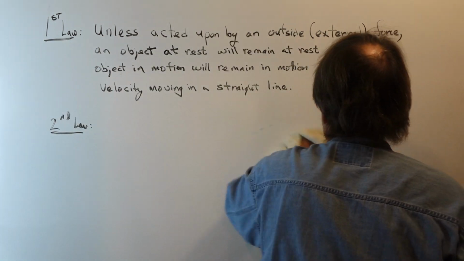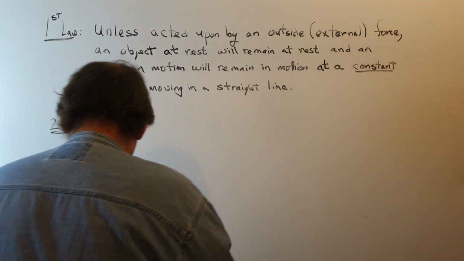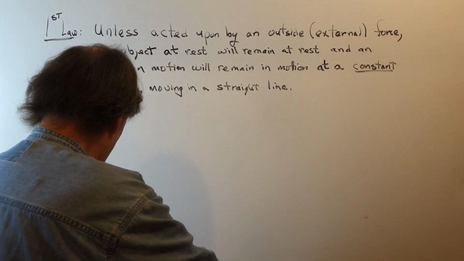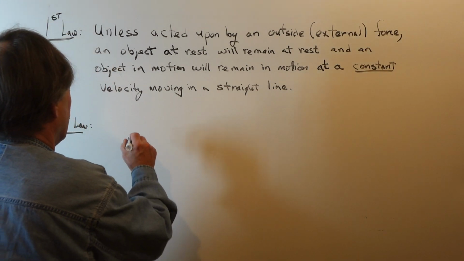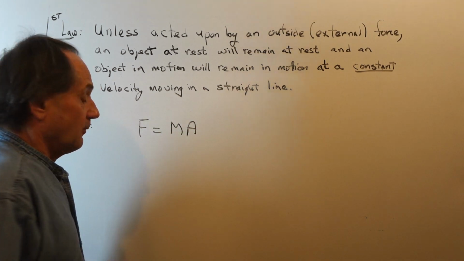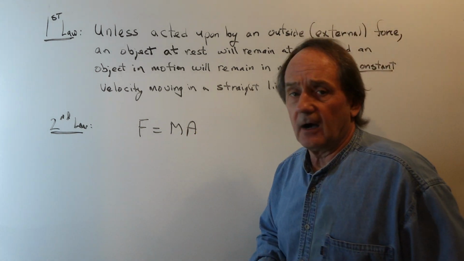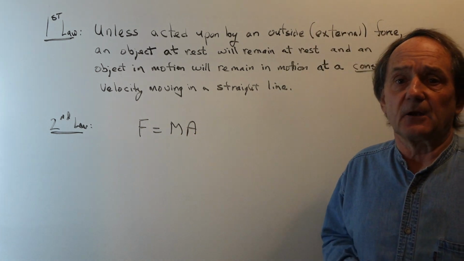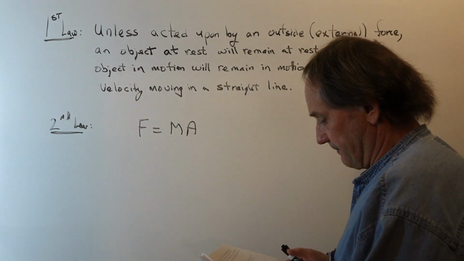Now, the second law, normally people encounter the second law expressed as F equals ma, where F is a force acting on an object, m is the mass of the object, and a is an acceleration that the object undergoes when a force is applied.